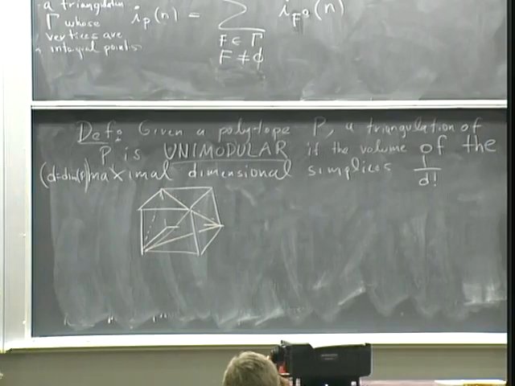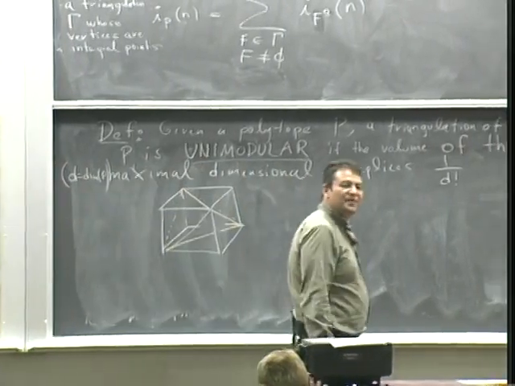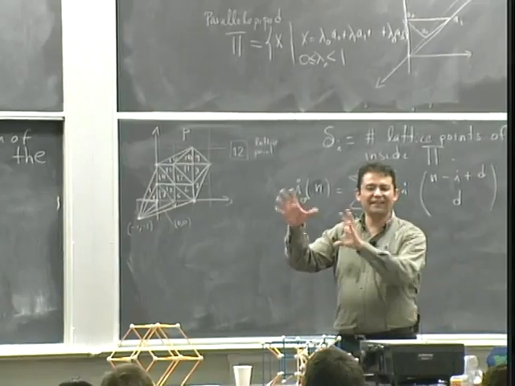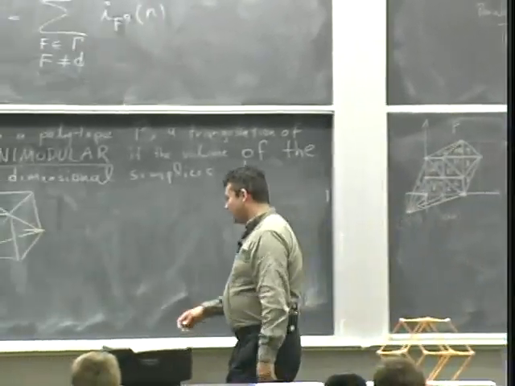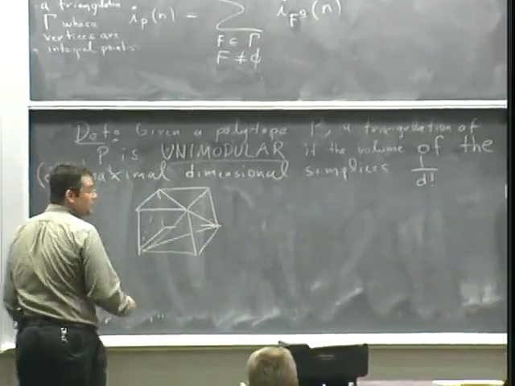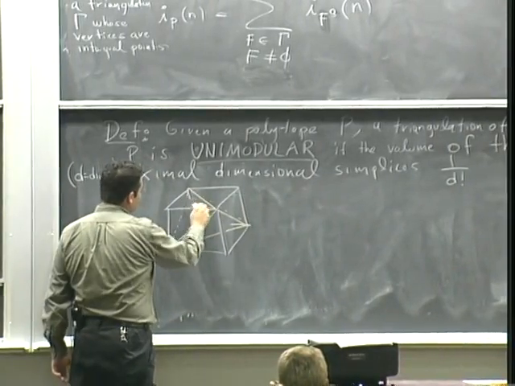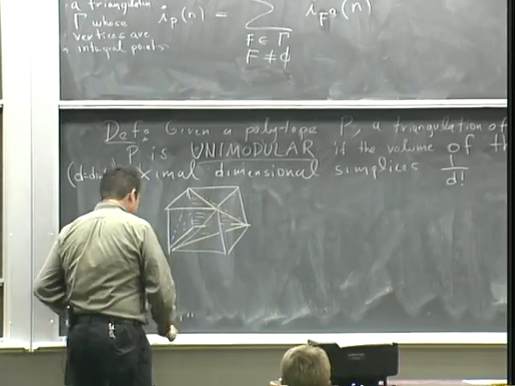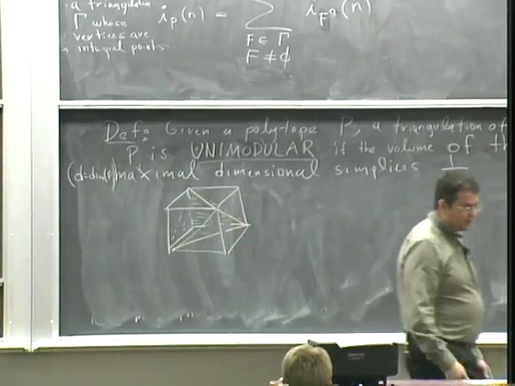So that's the triangulation that is not unimodular. Who's failing here? Does anyone remember besides Francis? The middle. The guy in the middle. Yeah. This guy is fat. He has volume 2 over 3 factorial. So this guy is the fat guy that is not going to spoil the party.